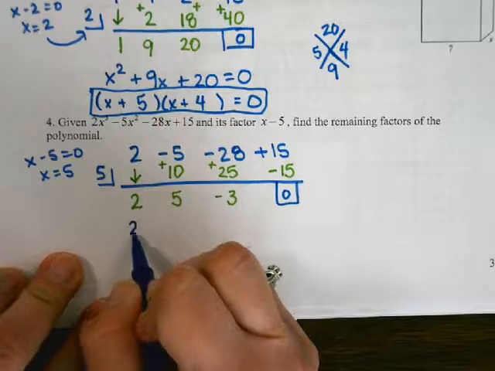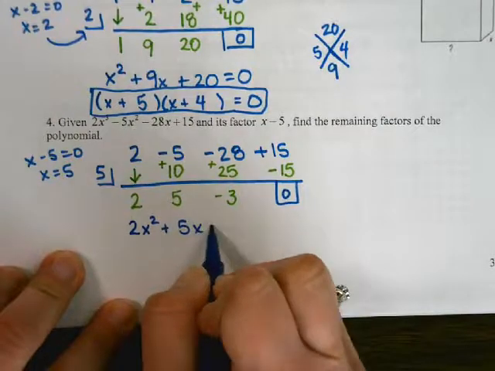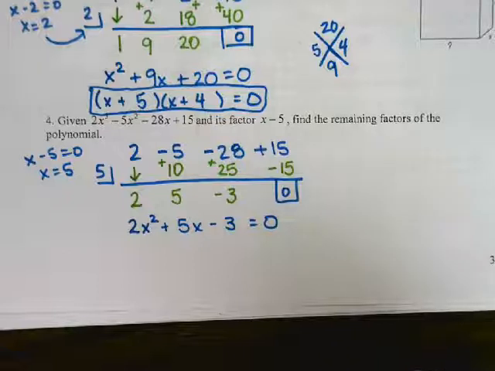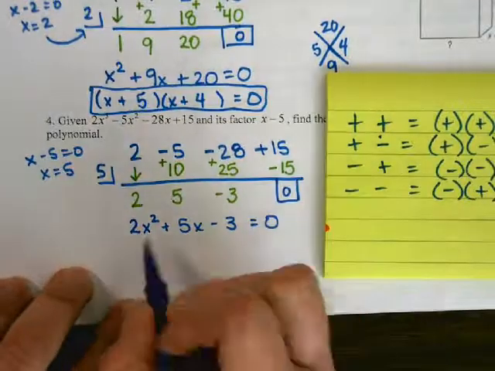So my depressed polynomial is now 2x squared plus 5x minus 3. Okay, so my signs were a plus and a minus, so it's going to be a plus and a minus.